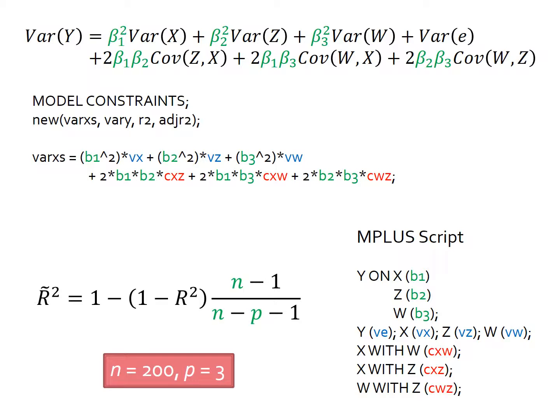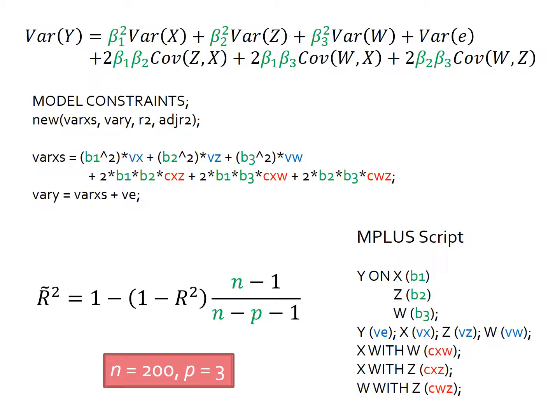So the variance of all predictors equals beta 1 square times variance of x, beta 2 square times the variance of z, beta 3 square times the variance of w, plus 2 times beta 1 beta 2 covariance of x and z, 2 times beta 1 beta 3 covariance of x and w, and 2 times beta 2 beta 3 covariance of w and z.